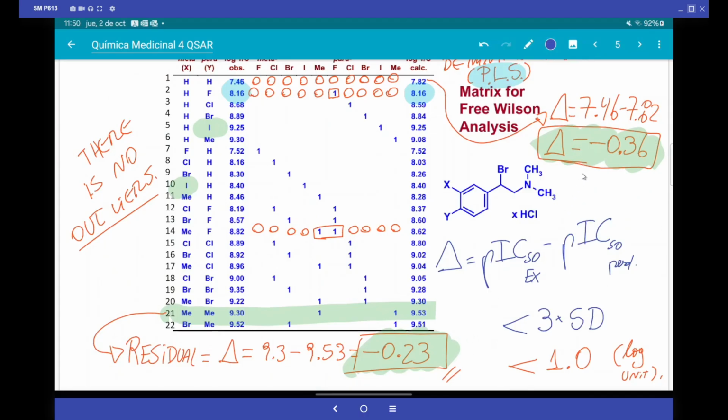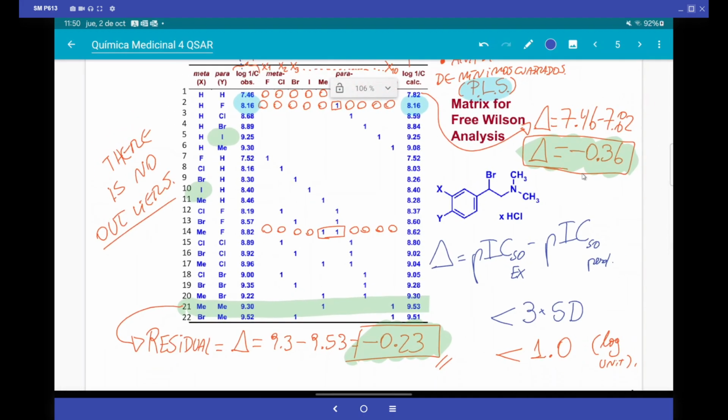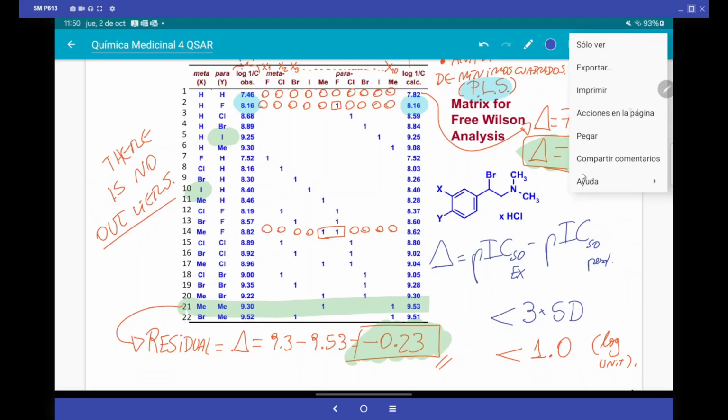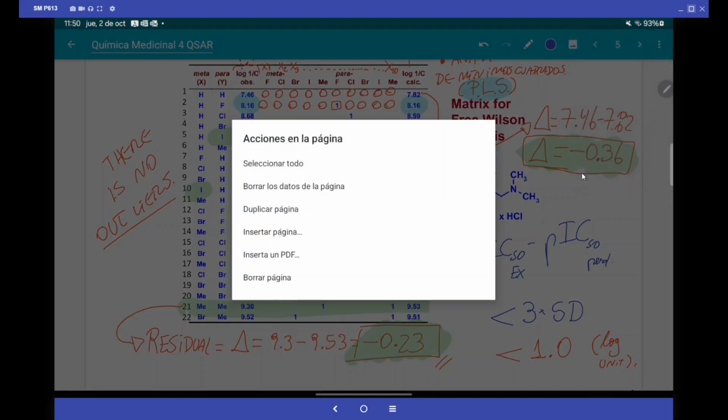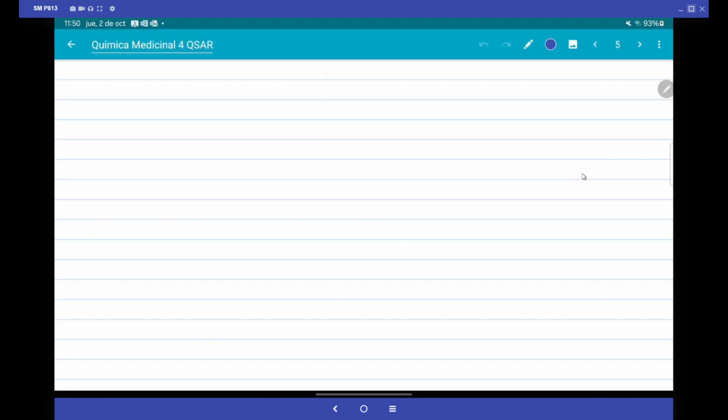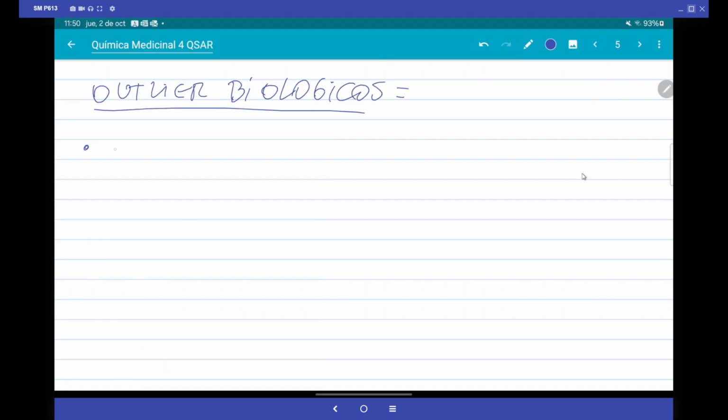We can easily detect biological outliers through what is called a Williams graph.